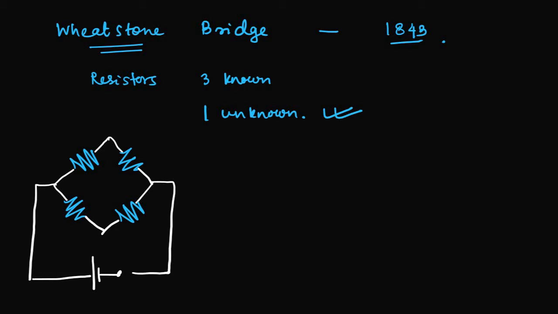So this is a key here. The key will be named as, this is open key, so K1. This is E, the source of EMF, you can see with a plus and minus sign.